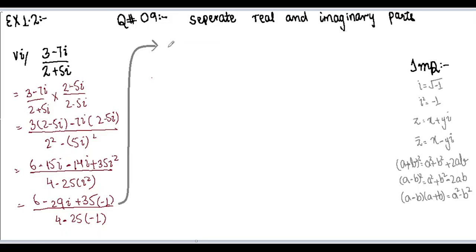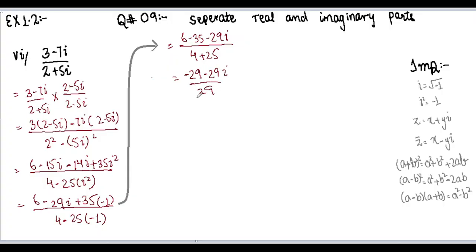So the next part says it is equal to 6 minus 35 minus 29 iota. I have just placed this 35 from the end to the middle and then whole divided by 4 plus 25. 4 plus 25 equals 29, and 6 minus 35 equals minus 29, so minus 29 minus 29 iota whole divided by 29.